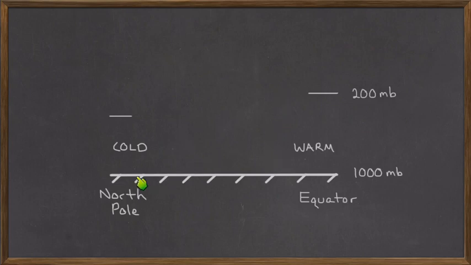So as a result, we get this shape of the surface that goes from higher heights here in the tropics and then falls downward towards lower heights here at the poles. So maybe something kind of like that. That might be the shape of our 200 millibar pressure surface. Okay, expands where it's warm, contracts where it's cold.